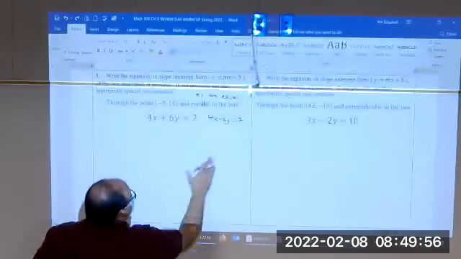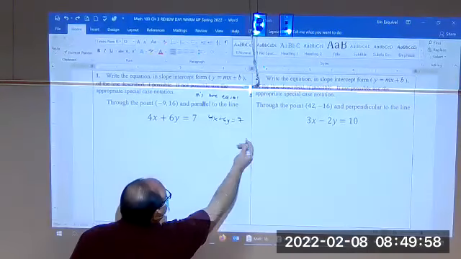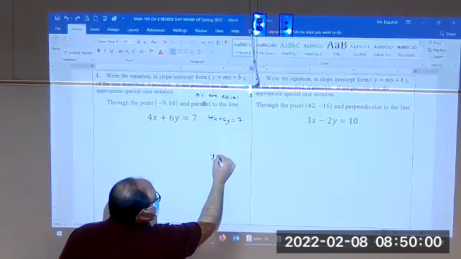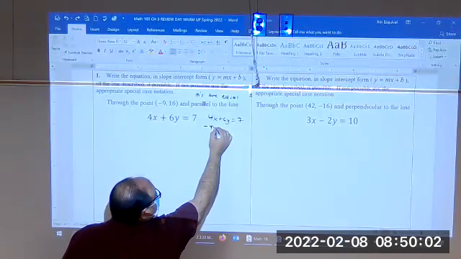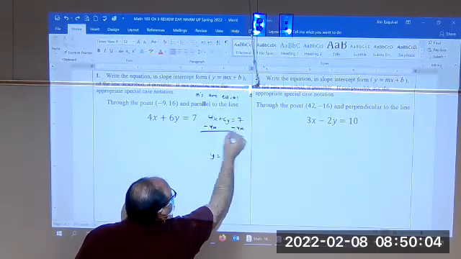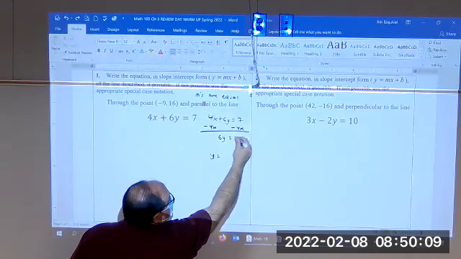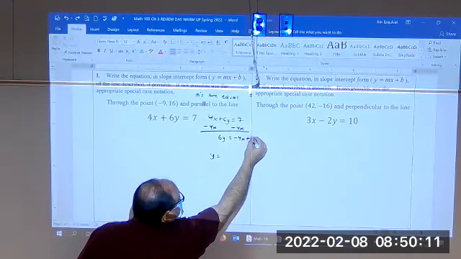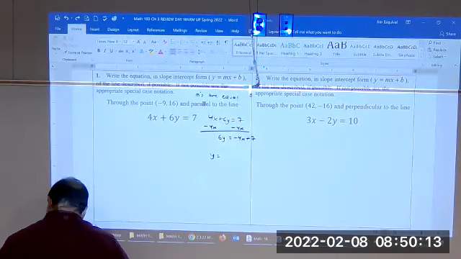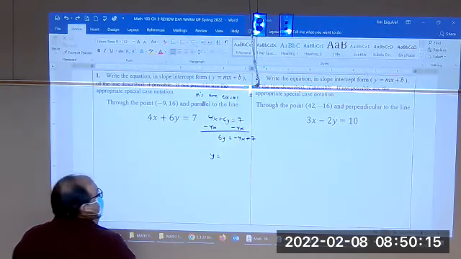Over here on the side, I'm going to figure out the slope. I want to get y by itself. Subtract 4x, subtract 4x. That's a positive 6y equals negative 4x plus 7. And then everybody gets divided by 6.